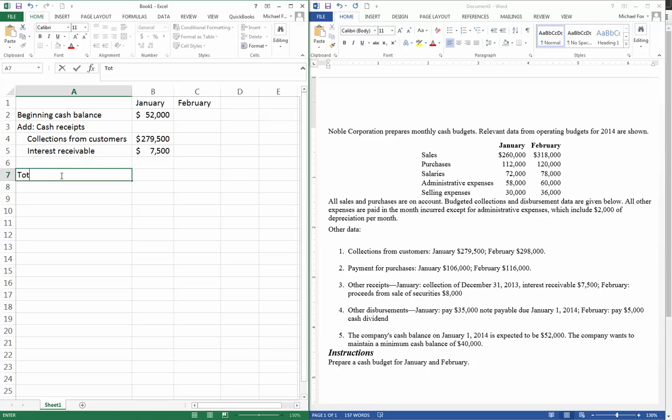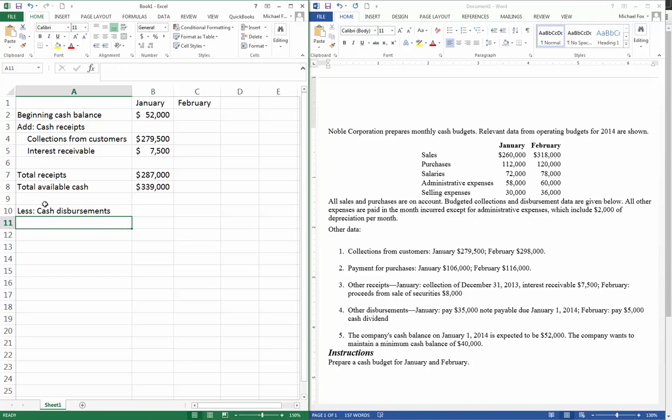So we'll say total receipts, which will equal $287,000, and then our total cash available, which should include our beginning cash plus any total receipts we expect during the month. So $339,000.